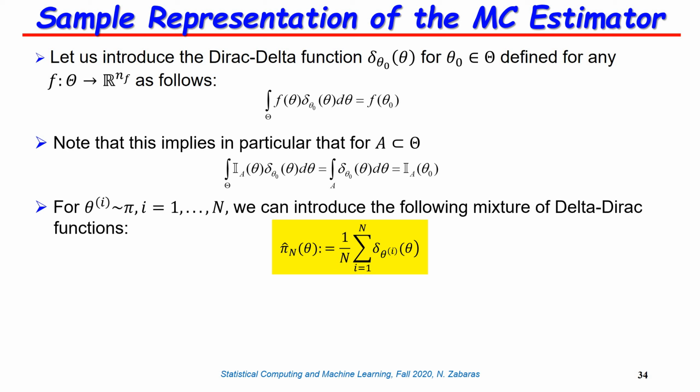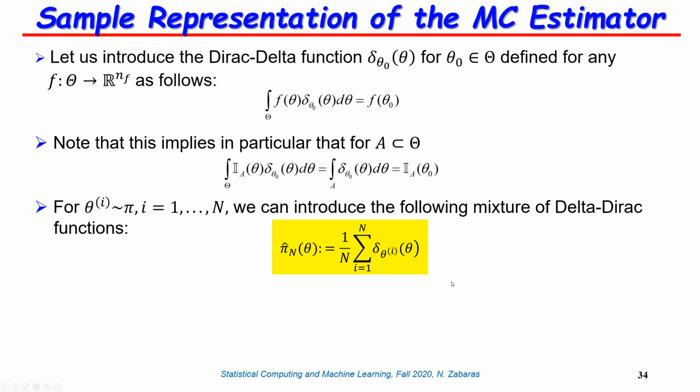I call this mixture of Dirac delta functions the empirical distribution, and I denote it as pi hat subscript n. The pi hat indicates that it is an empirical approximation, and that I have n samples, and you notice each of these delta functions has the same weight, 1 over n.